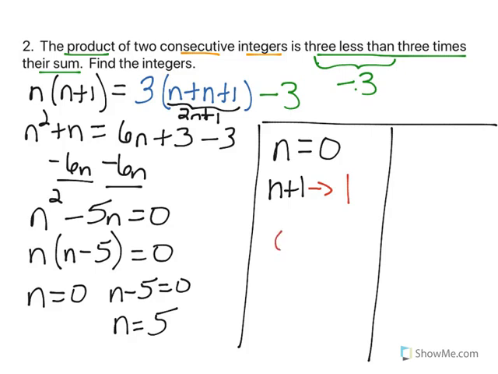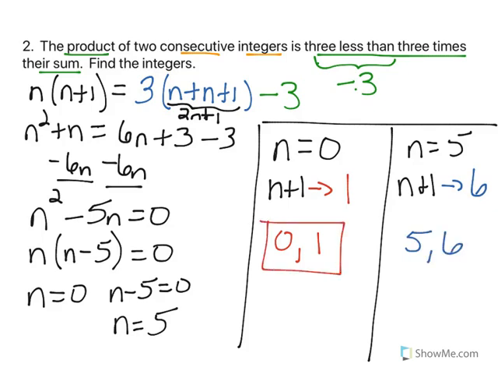So one solution is 0 and 1. Now we're going to look at when n is 5. Well, if n is 5, when we plug n into n plus 1, that will give me 6. So another solution is 5 and 6. And both of these would be considered correct. If you were to check them by substituting them back into our original equation we made, they both are valid.